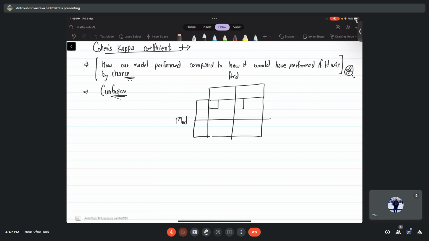I'll just write it here so that we can write some values in this table. What I'm going to do now is give you a scenario and I want you to tell me which values are going to go into each of these spaces in this table or matrix.